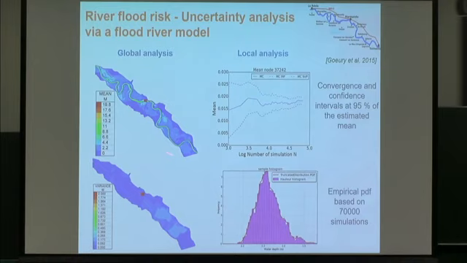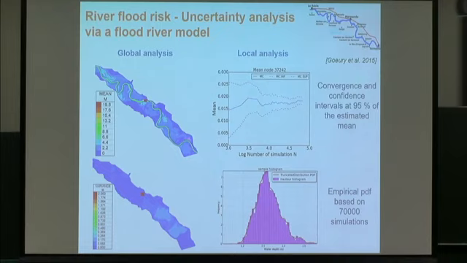We can be interested in a specific town, here Marmande, and here I put the mean of the river level at this town as a function of the number of simulations. So this is a very simple application.